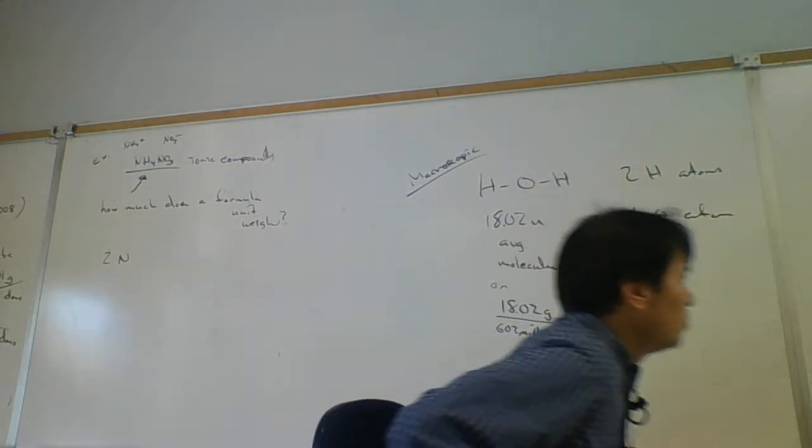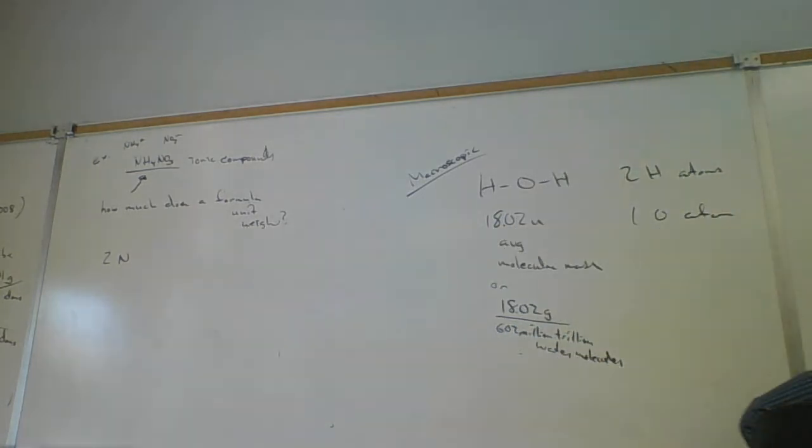Okay, what other ones are common? Carbon's very common. And to 2 decimal places, what is carbon's average atomic mass? 12.011, but we're going to round it to 12.01.